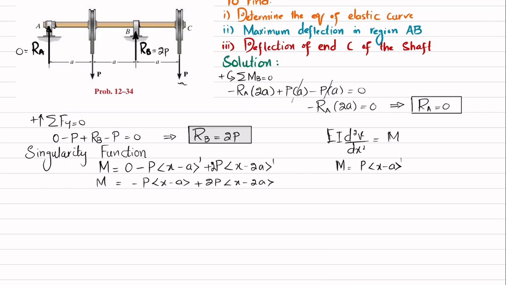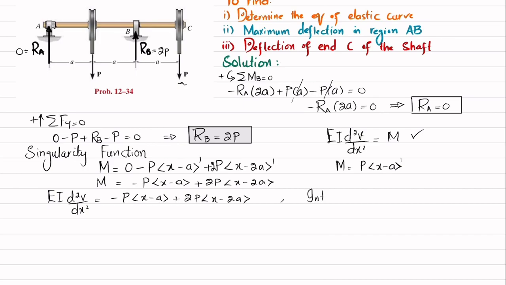Okay. Now put the value of this moment in this equation. So EI d²v/dx² will be equal to minus P into (x minus a) plus 2P into (x minus 2a). Okay.